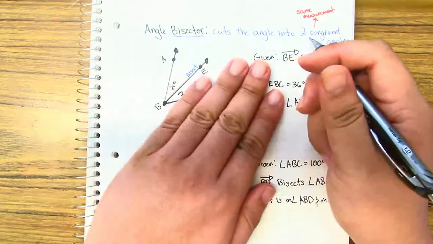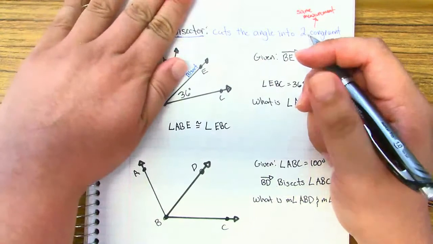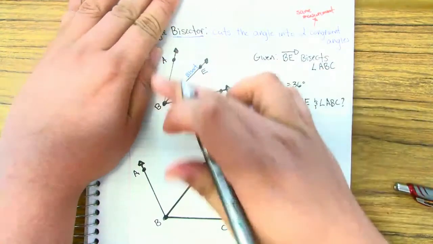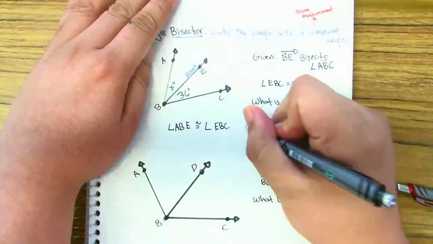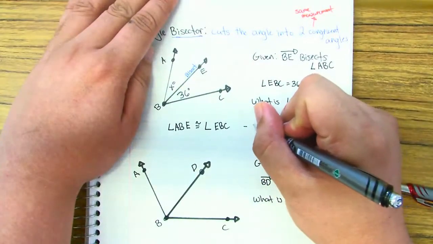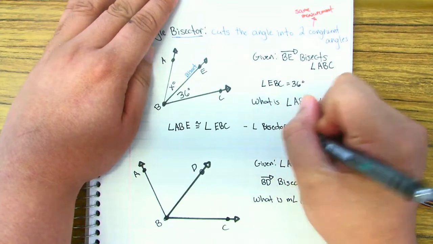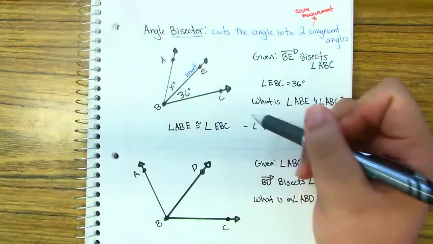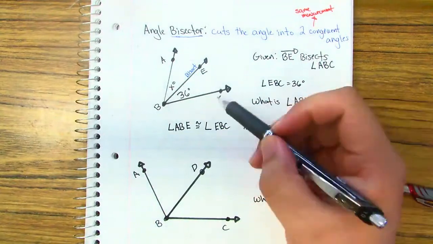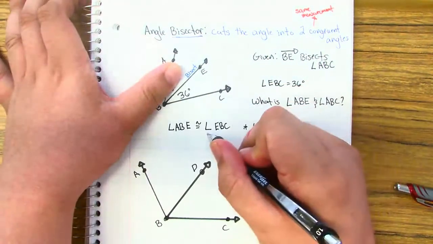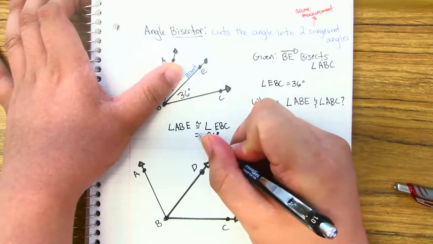How do we know that this angle is congruent to this angle? It's because BE bisected the whole angle. We know this as a fact because of the angle bisector. So we know that they're congruent. We know that EBC equals 36 degrees.